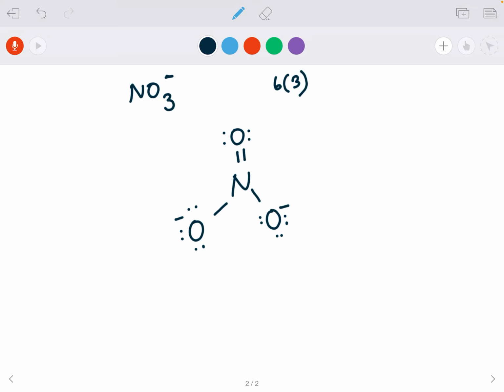So oxygen, there's 3 of them, each with 6 valence electrons. It gives you 18, plus nitrogen has 5, plus 1, because we have the negative charge there. So that gives you a total of 24 electrons. So I have 2, 4, 6, 8 from those bonds. And that leaves 16 electrons left over. I have a total of 16 electrons that are non-bonding to get 0. So this is the correct Lewis structure.